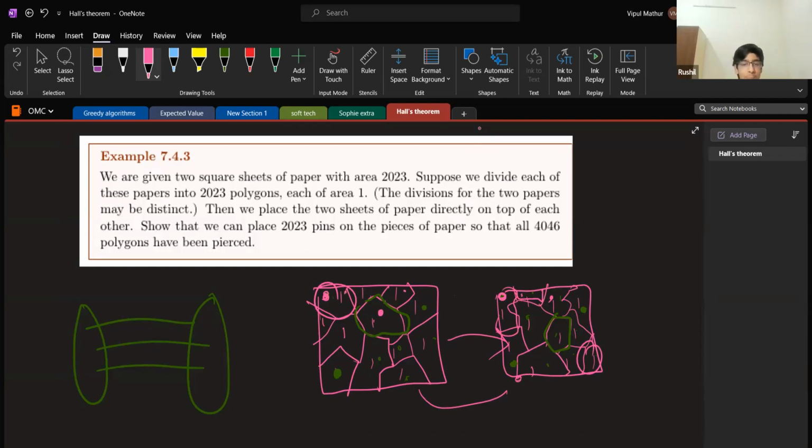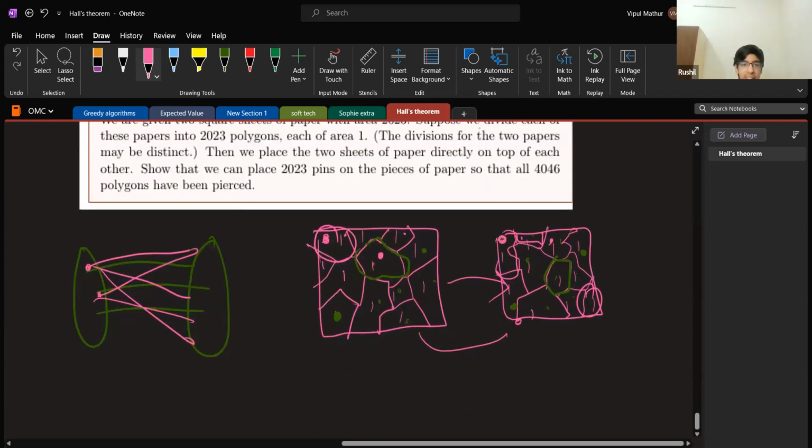So each polygon is forcing you: this polygon says I can only be paired with these guys, and similarly, this polygon says I can only be paired with these ones, and so on. So it's a perfect matching scenario where you want to make a perfect matching and join these sorts of things where a pin can be placed. So the question becomes, can we prove Hall's theorem?